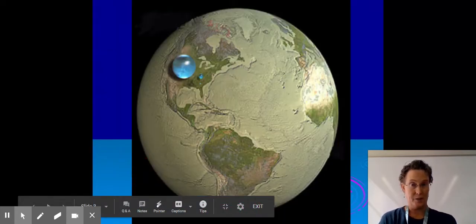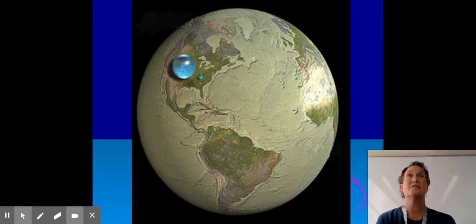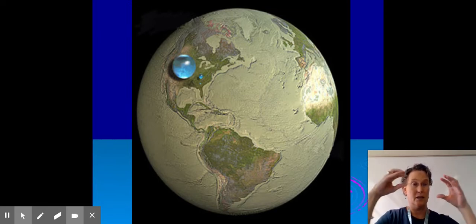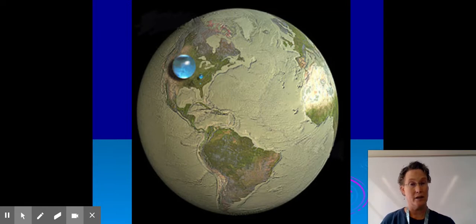Now this picture helps you understand the size of the earth and the amount of water in the earth. You can see a globe with all the water removed and put into a little sphere on top of the United States. That big sphere, that big bubble, is all of the salt water in the world. If you suck all the oceans up and put it into a little drop, that's the size comparison between the earth and the amount of salt water.